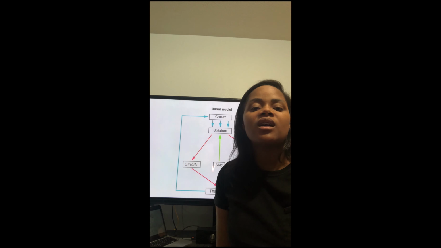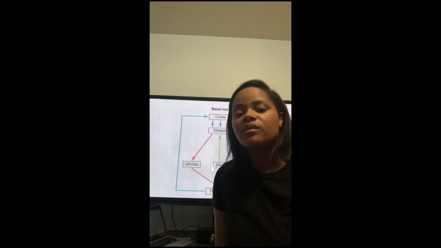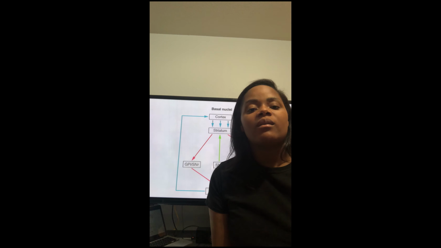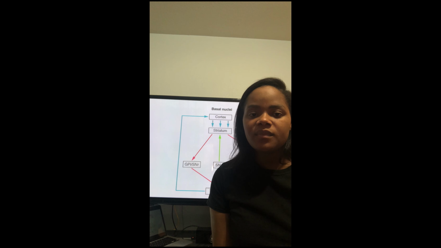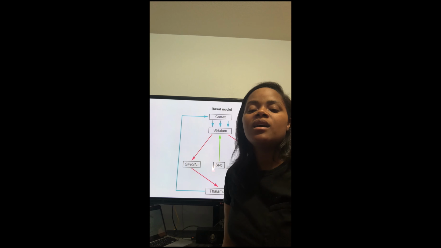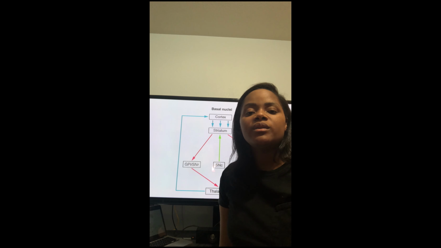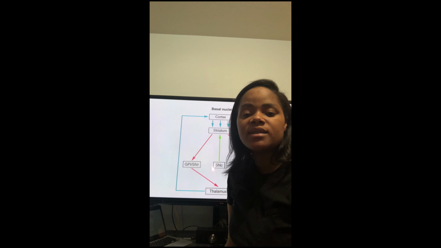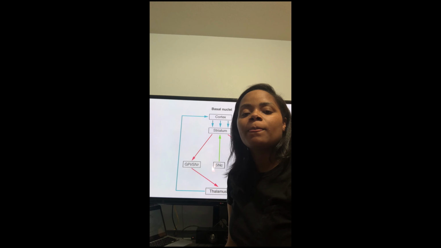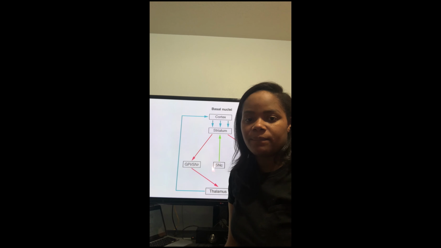The diencephalon can be described as any region of the brain with thalamus in it. The thalamus is a collection of nuclei that relay information between the cerebral cortex and the spinal cord or brain stem.